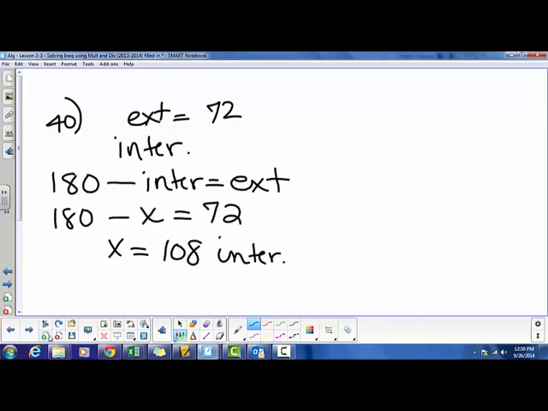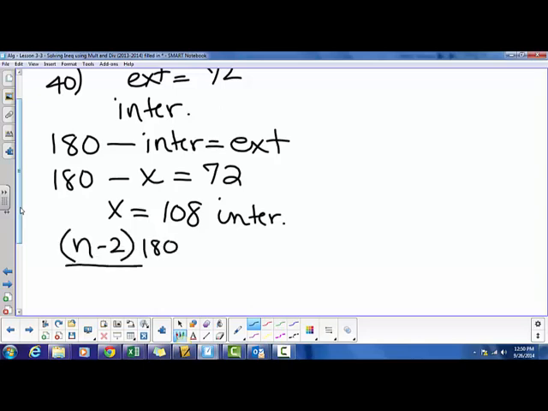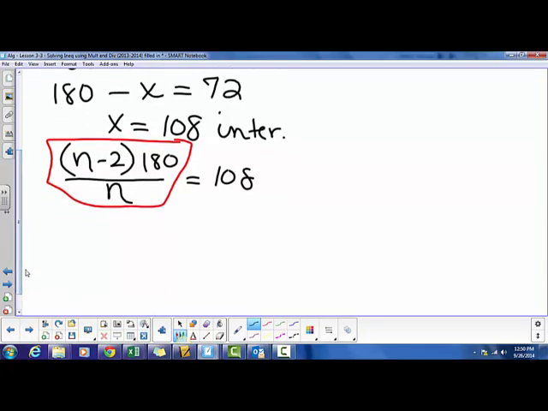That's the first part. The second part says, how many sides does it have? So I have to solve for n. So I'm going to use n minus 2 times 180 divided by n equals 108, the measure of the interior angle, which I just found. So the first thing I need to do is multiply both sides by n.